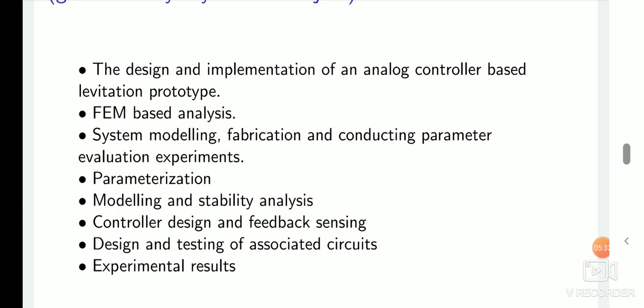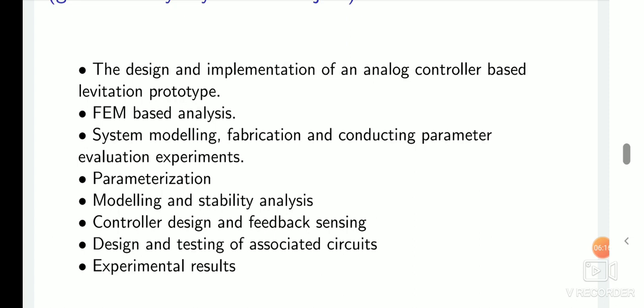After validation through circuit simulation, if it works, we will go for fabrication on a breadboard, board, etc. Then testing will come. If the circuits work properly, we will test the circuits on the breadboard or board, and the whole closed loop system control will work. If it is satisfactory, we will go for the PCB design.